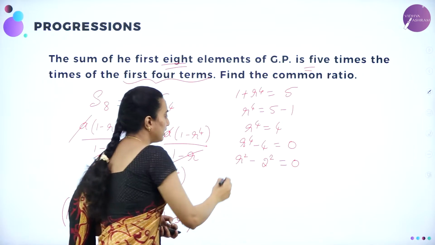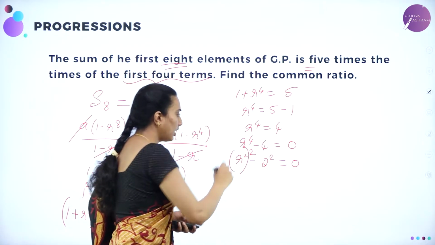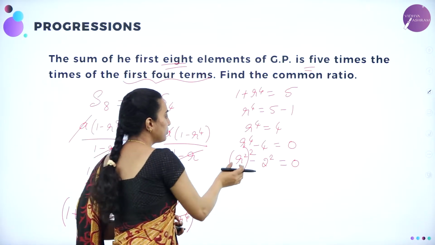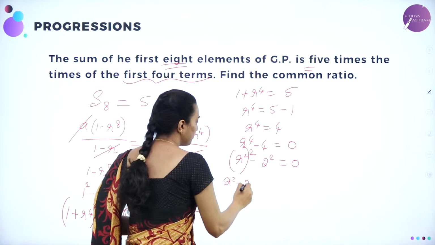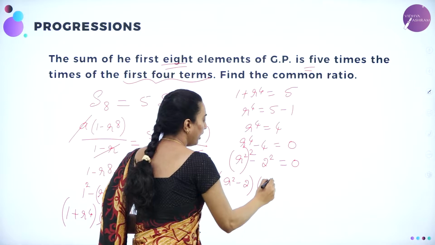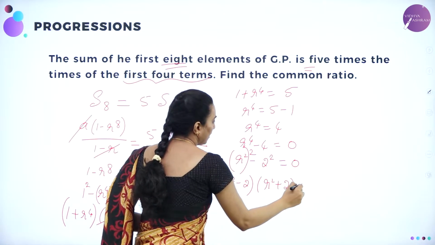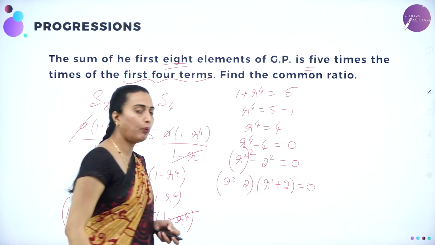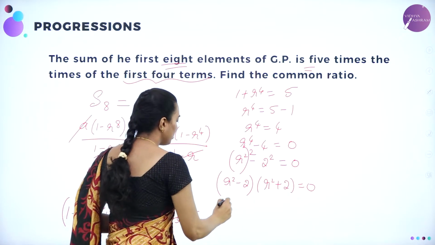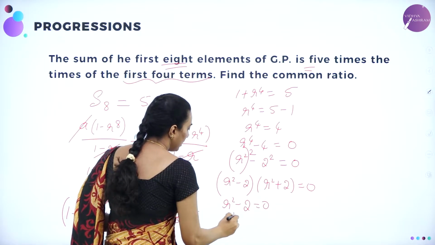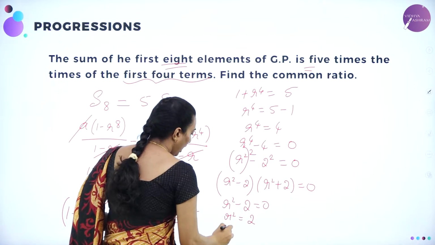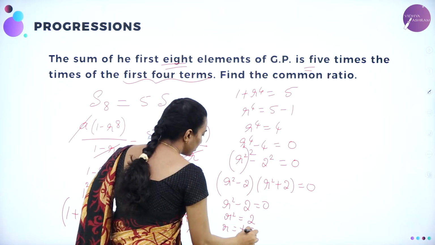You can take this one as r squared whole squared, because r to the power of 4. Now you can take this as a squared minus b squared, which is a minus b into a plus b. Therefore, you can equate r squared minus 2 equal to 0. Otherwise, r squared is equal to 2, or r is equal to plus or minus root 2.